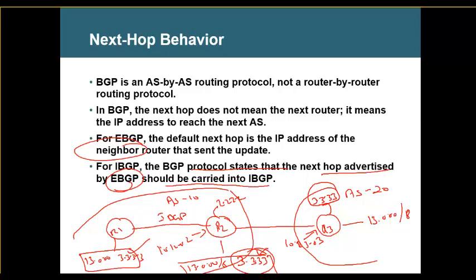See, it is carried. It is not changed. Even though router 2 is advertising this, router 2's address won't be seen as the next hop. Whatever eBGP gave as the next hop will be carried into iBGP. So far clear? These 4 lines? Please ask me a question if you have.